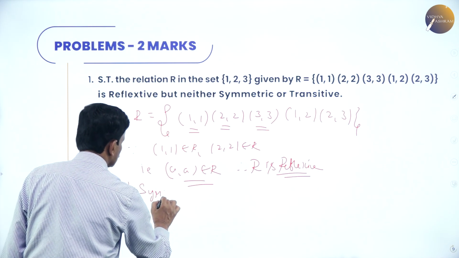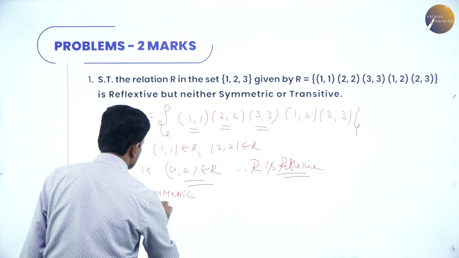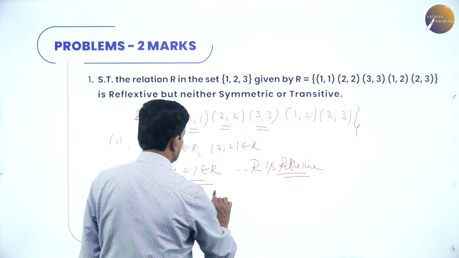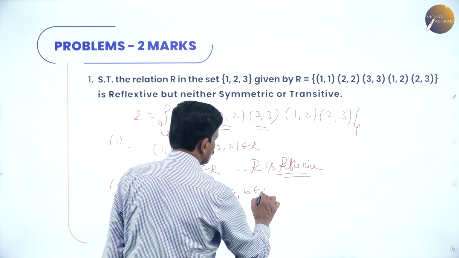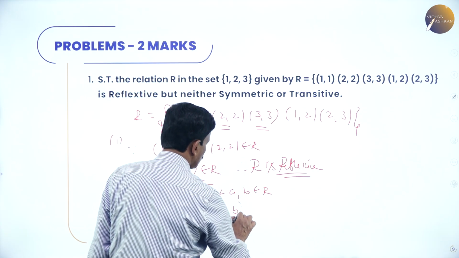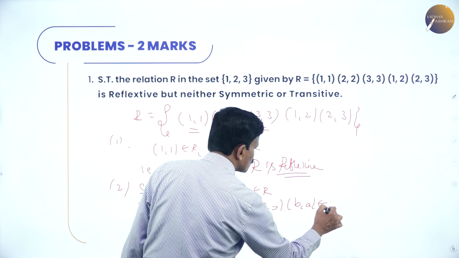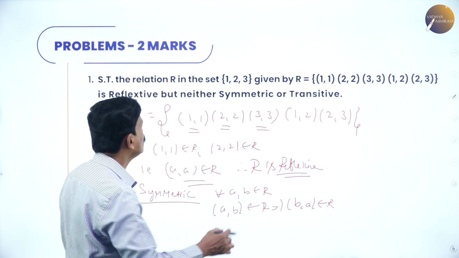Symmetric. What is symmetric? That is, on R, for all a, b, if (a, b) belongs to R, implies (b, a) also belongs to R. Now let us take (1,2) here.